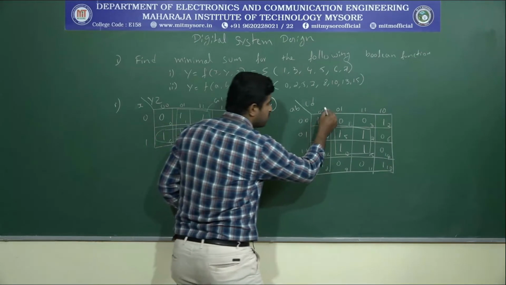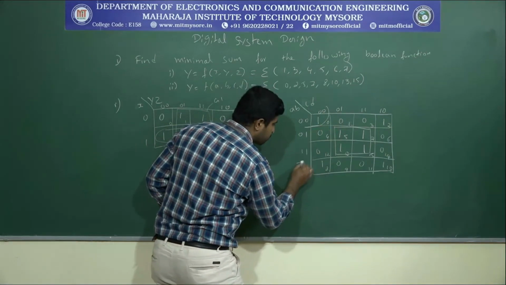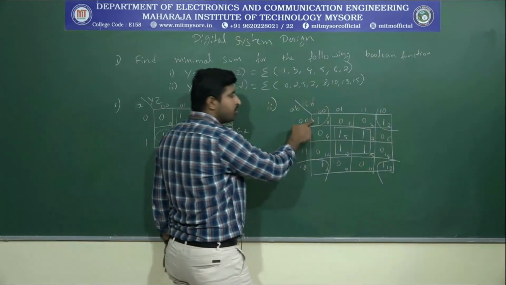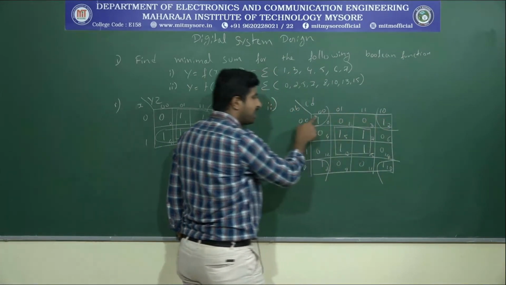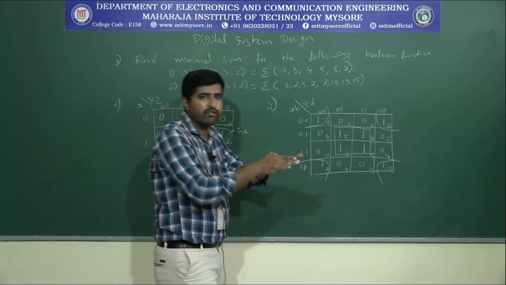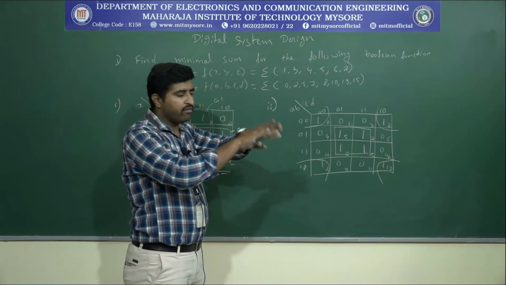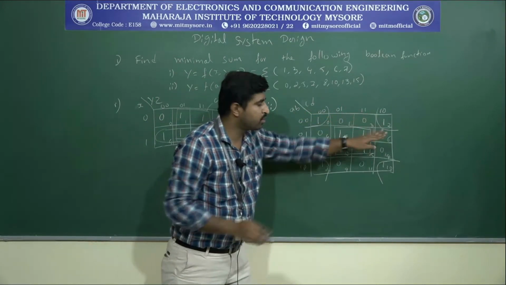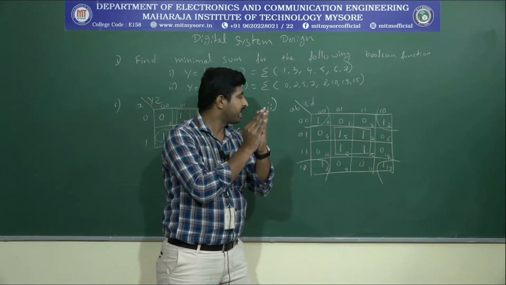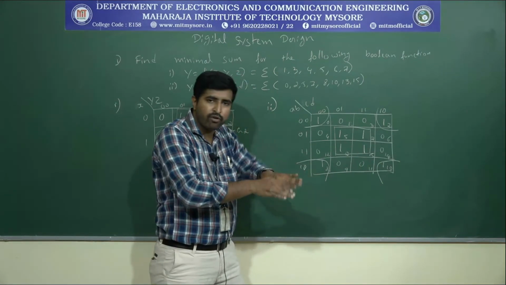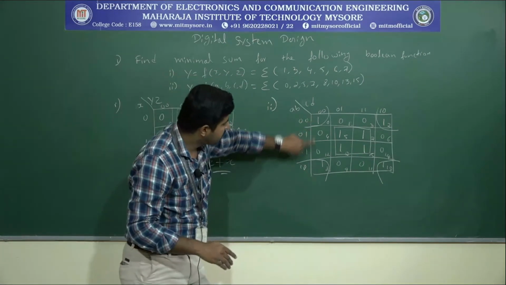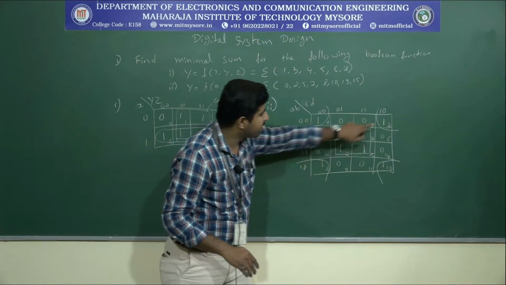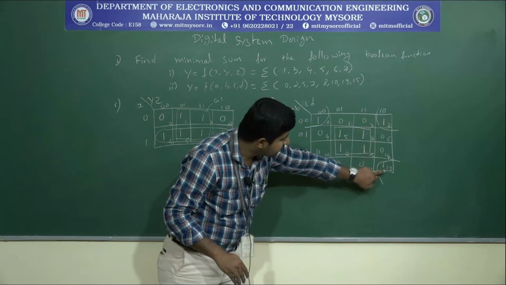We can make this entire 4 cells one group, because 0 is adjacent to 2 as well as 0 is adjacent to 8, when you fold in this way or that way. So 0 will be adjacent to 2 and 8, and again 2 will be adjacent to 10.